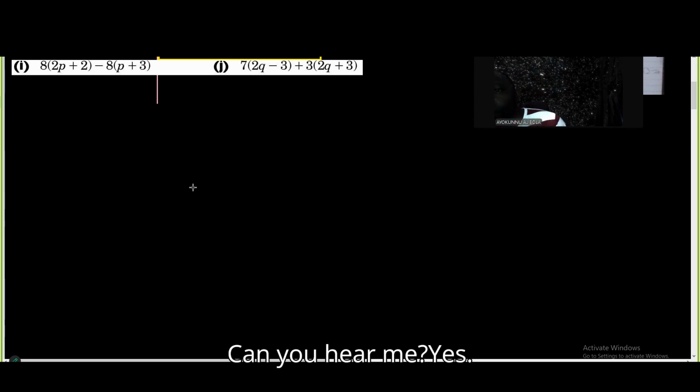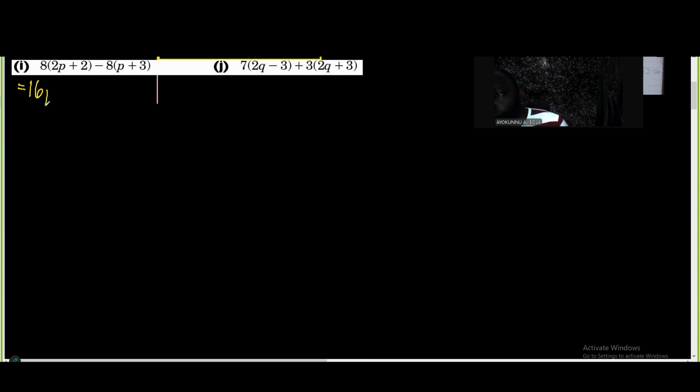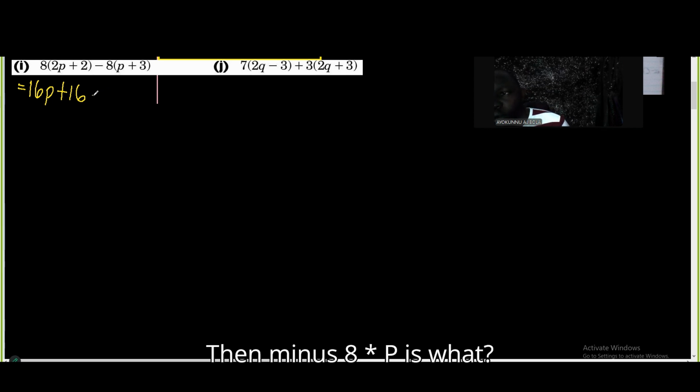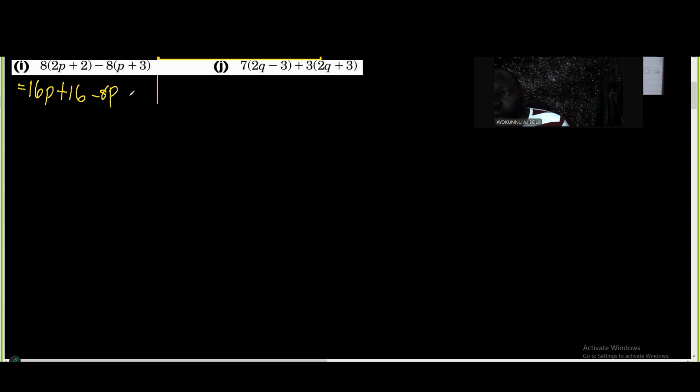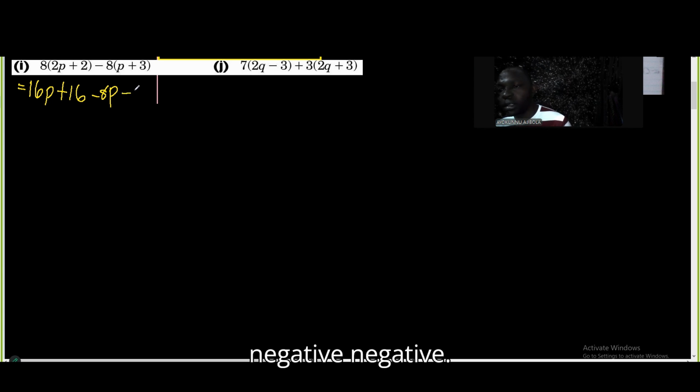Can you hear me? Yes. We have 8 times 2p. That's what? 16p. Then 8 times 2 is what? Plus 16. Then minus 8 times p is what? And minus 8 times 3. Minus 8 times 3 is what? That'll be negative 24.